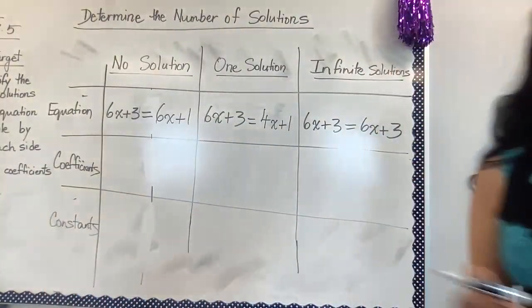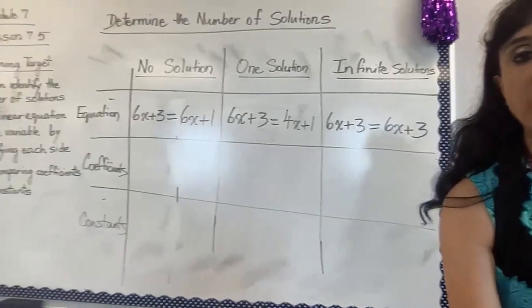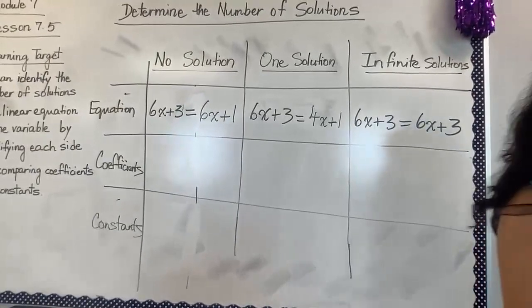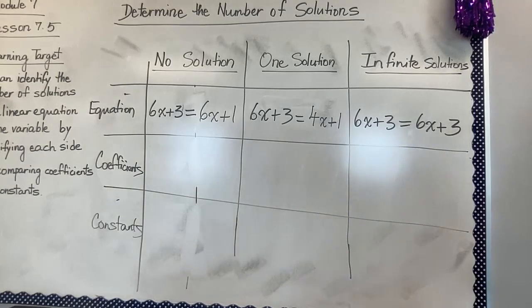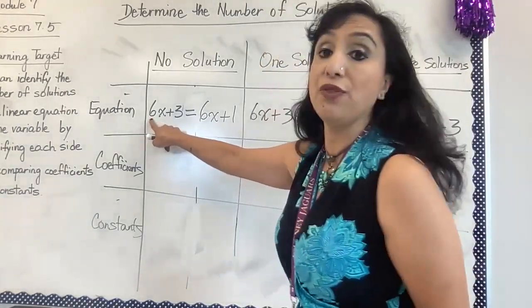If I'm looking at this, to see an equation where there are no solutions, hope you cannot see the glare on the screen. If I look at the coefficients, what's happening in the first one, where it says 6x plus 3 and 6x plus 1? The coefficient comes before the variable, right?